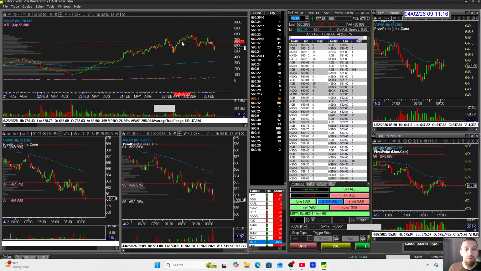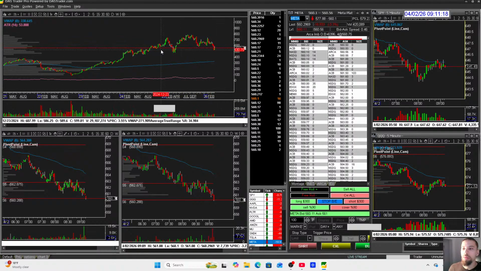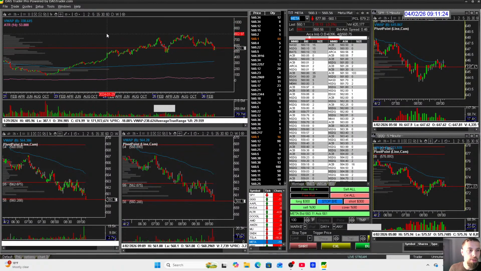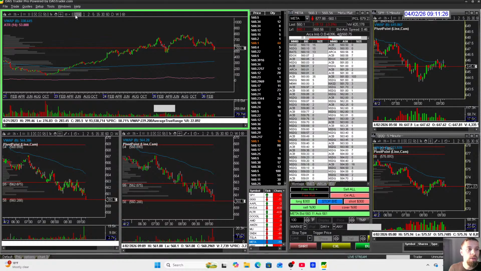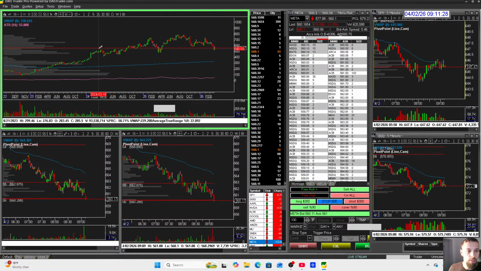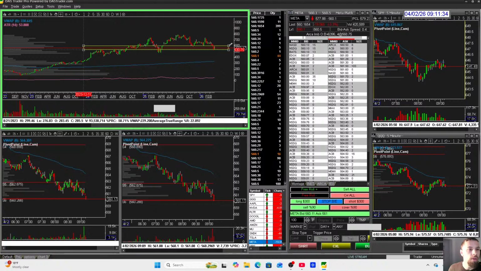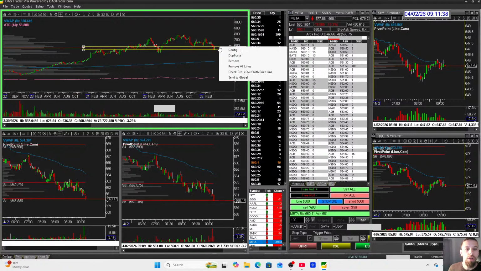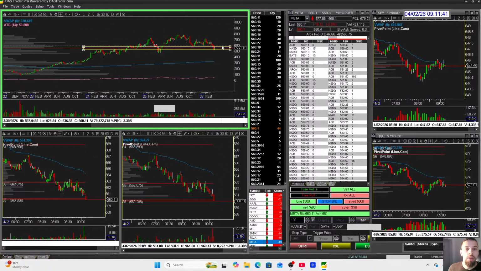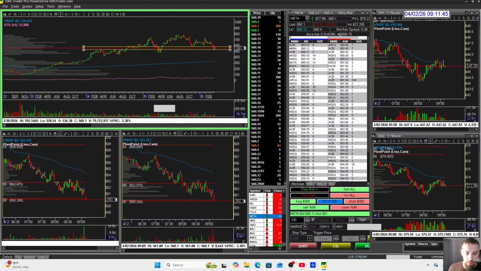Meta's down 20 bucks on the day, 3.3%. So area support, I'm drawing 530, area of resistance, pretty much the high of the weekly candles, being 590, 586.